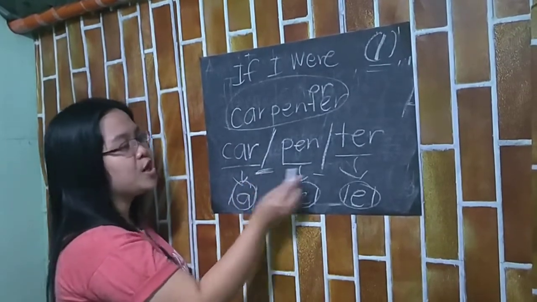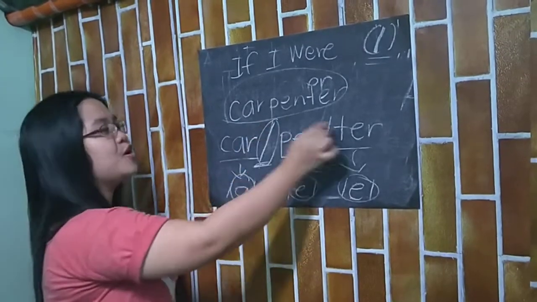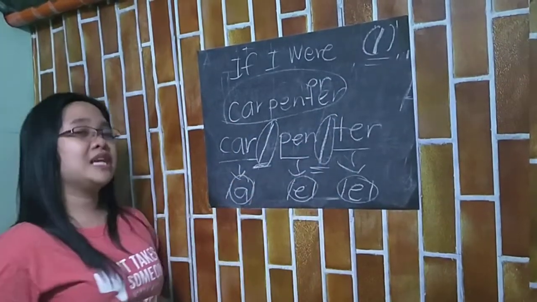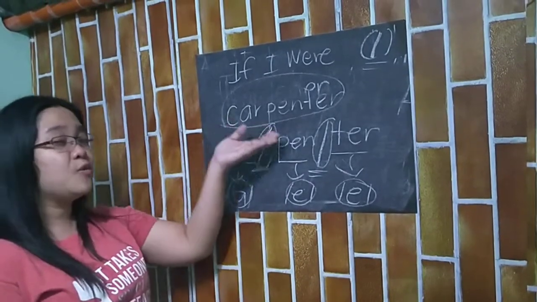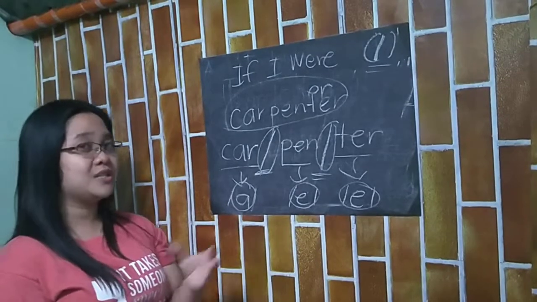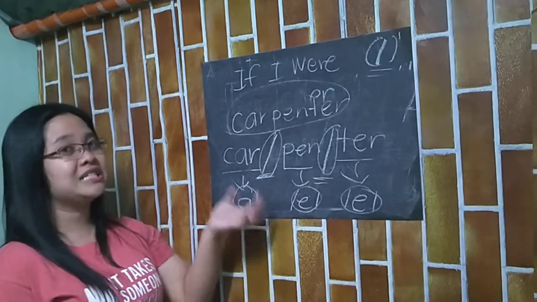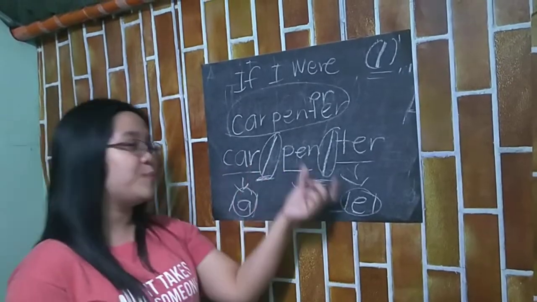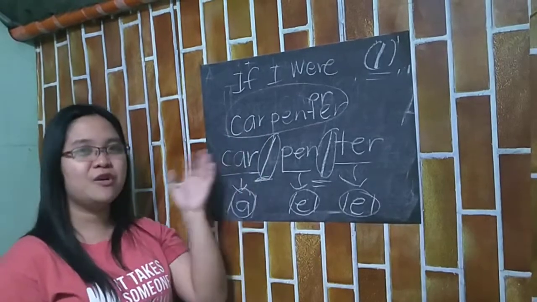And make sure to separate each part using the slash symbol. Syllables are very important, not just to help us read the words easily, but also when your teacher asks you to spell a certain word, it will make it easier for you to spell the word correctly since you know what parts should be there to form that particular word.